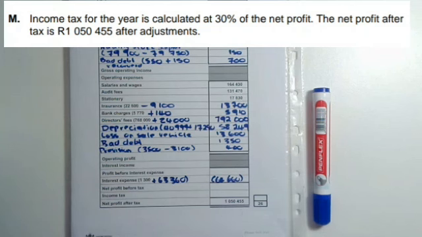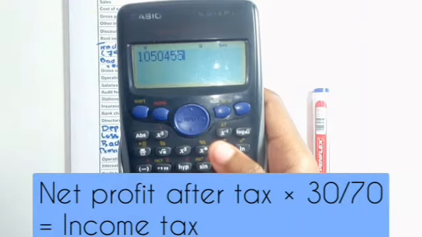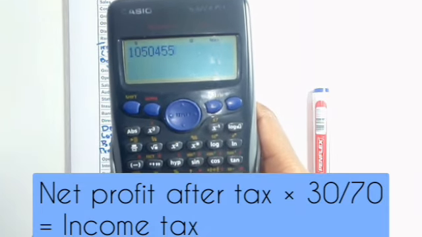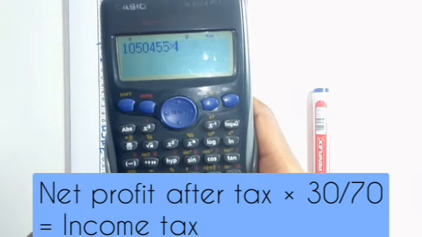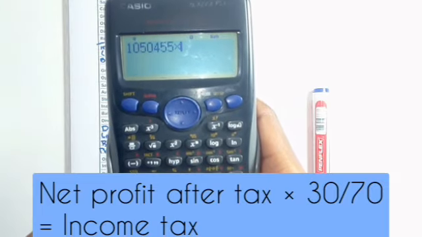So we cannot simply use the formula that we usually use when we have a net profit before tax, because if we have a net profit before tax, we would just say net profit before tax multiplied by 30 over 100, and it will give us our income tax. But in this scenario, because we have a net profit after tax, what we need to do now is start with that net profit after tax and multiply it by the, again, unknown over known formula, what I'm looking for over what I have.